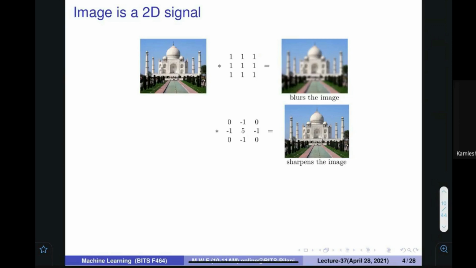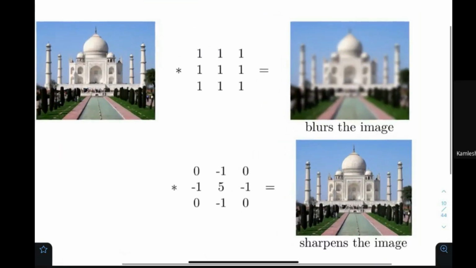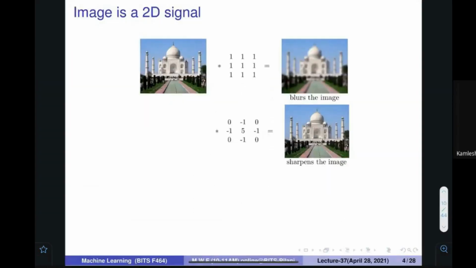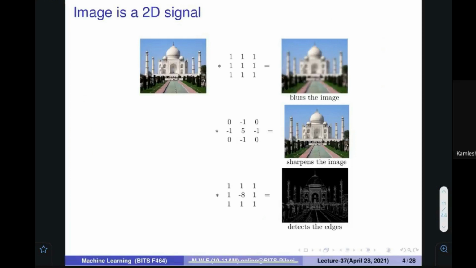So actually you are increasing the detail in the image. So you would be getting this image, and if you compare, the clarity is more. This particular thing actually sharpens the image, so the image has higher sharpness. Similarly, this kind of thing where 1 1 1 1 1 1 1 1 minus 8, this value detects the edges.